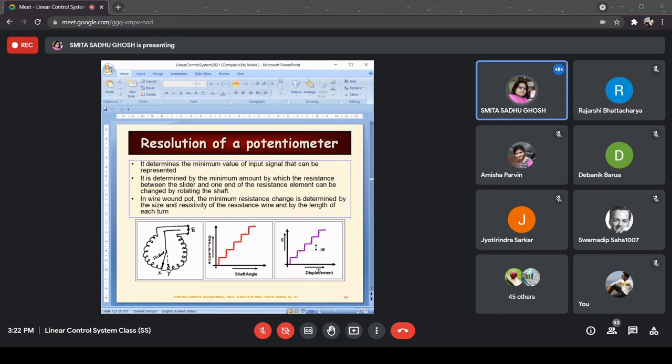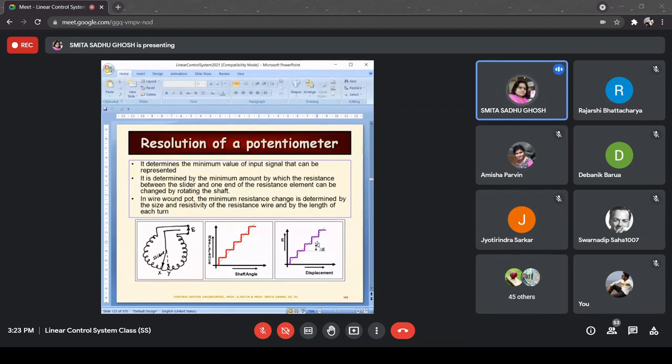The next diagram shows something similar, but on a different axis. The angular displacement is on this side, whereas here we directly show the EMF, right? EMF is going to be proportional to the resistance, as we stated. So the characteristic is going to be similar. The only thing is that here we can indicate the minimum amount of change in voltage that we are going to be able to get. So delta E is the minimum EMF change which can be indicated at the output side.